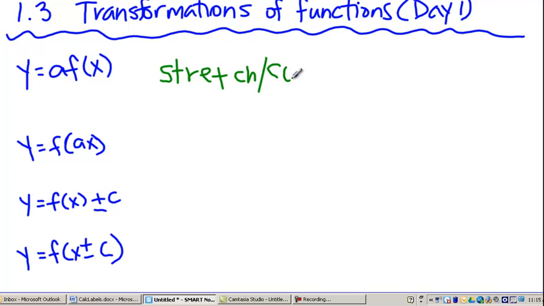If it's compressed, your A is going to be in between 0 and 1. Now, hopefully you remember this from algebra too, but if it has a negative, that means it's reflecting. It would be reflecting vertically. So, A is on the outside. It is stretched or compressed vertically by a factor of A.